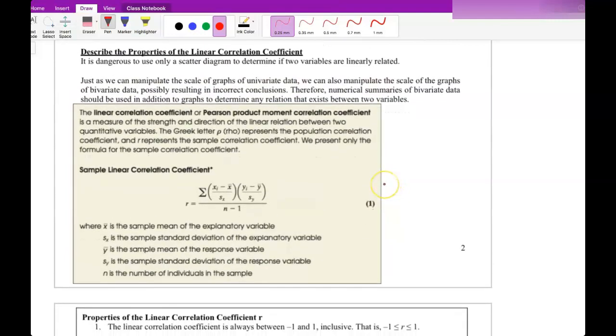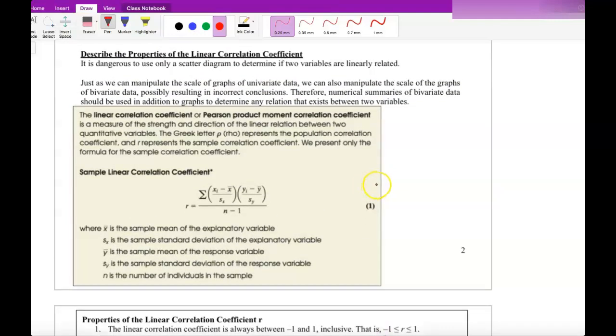Now, next part, we have the linear correlation coefficient, or Pearson product moment correlation coefficient. So we're going to use the correlation coefficient for this one.